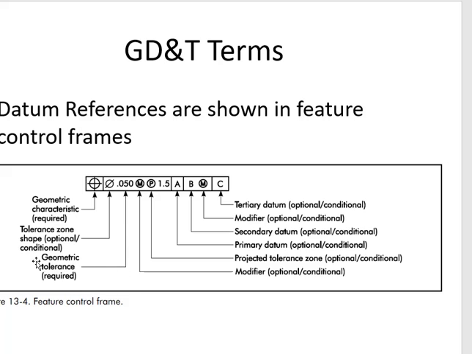This here is the geometric tolerance. The modifiers are optional and only needed if required. Same with the projection modifier. And then these over here are the datum references. So this slide tells you very concisely how to build and what the features are of a feature control frame. And the feature control frame in GD&T is what actually contains the tolerances.